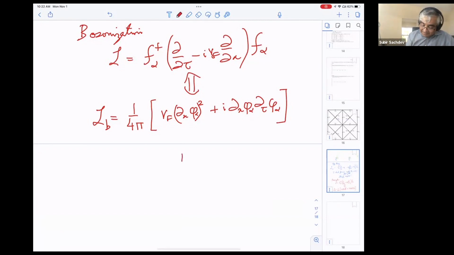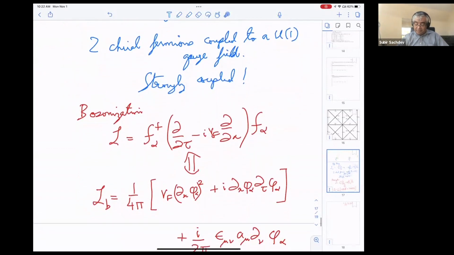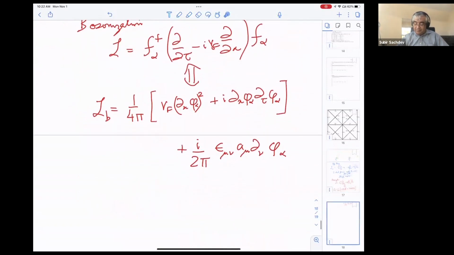Okay, so the result is that this gauge field couples to the following term: i/2π ε^{μν} a_μ ∂_ν φ_α. Okay, so the gauge field here is coupling to the fermion current, and the expression for the fermion current in the Bose language is exactly ε^{μν} ∂_ν φ_α.